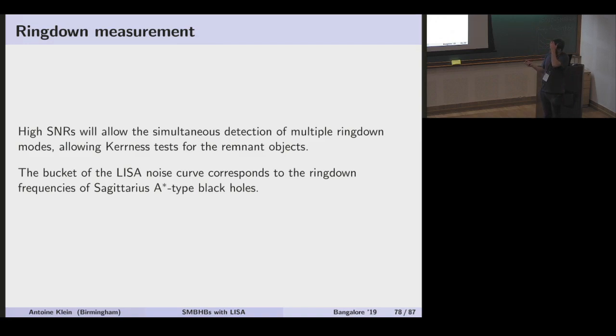So when you measure one frequency and one damping time, that completely fixes your mass and your spin. And if you measure multiple of them, you have independent measurements of the mass and the spin. So you can look at whether they're consistent or not. If they're consistent, then you're likely to have a Kerr black hole. If they're not, you have something else.